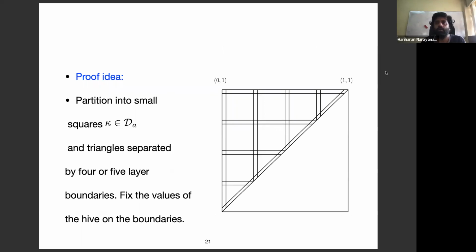Okay, so next let me give you the proof idea of the large deviation principle.